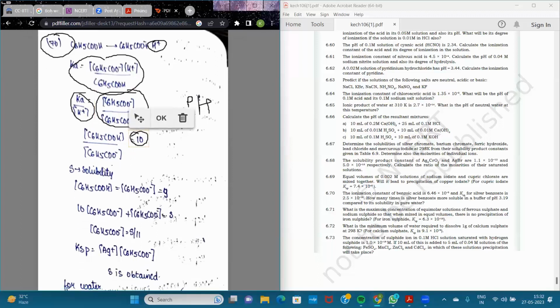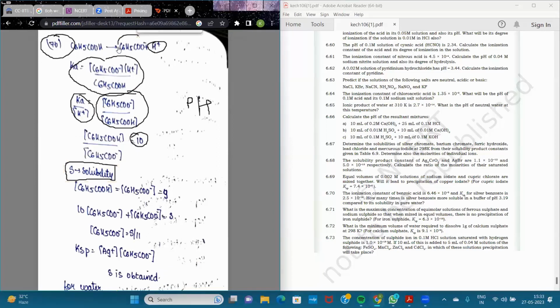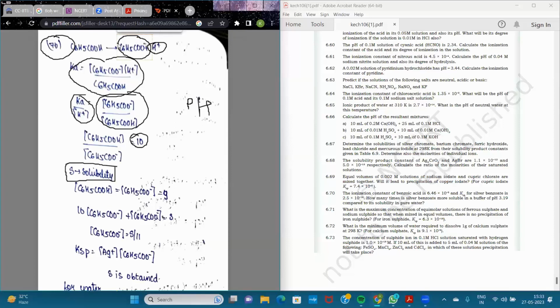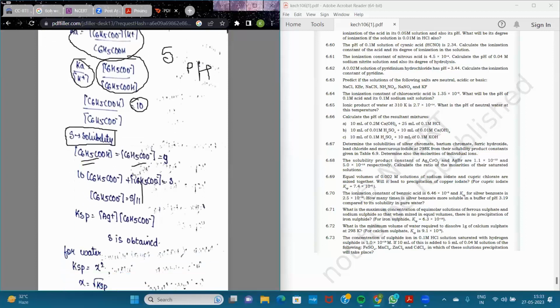And then if S is the solubility, how much silver benzoate is converted into benzoic acid, that much amount will be soluble. So the concentration of benzoic acid is the same as the concentration of benzoate. The hydrolysis is compensated with the solubility.